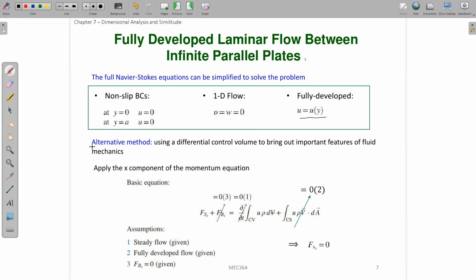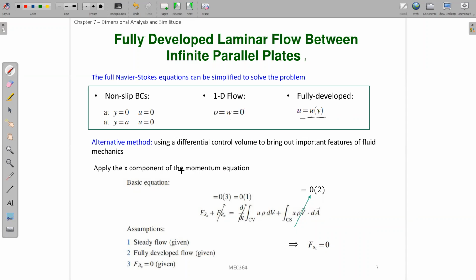Our textbook uses an alternative method to solve this problem. That method is, again, starting from a differential control volume inside the flow field, applying the x direction momentum equation on that control volume to see if we can find the solution directly.